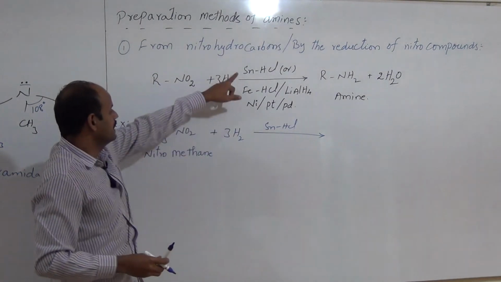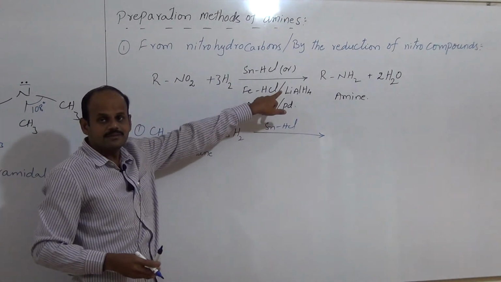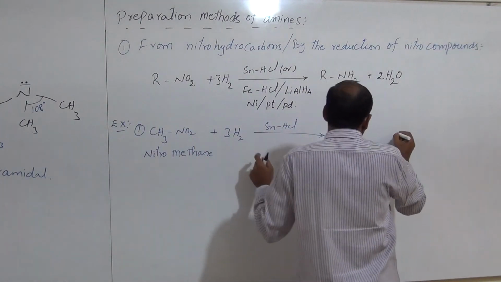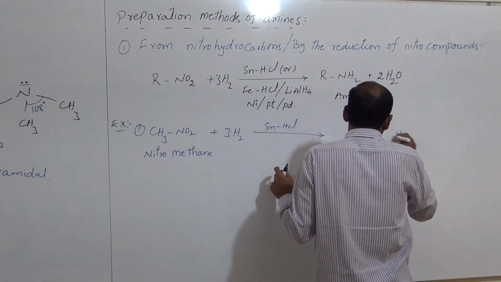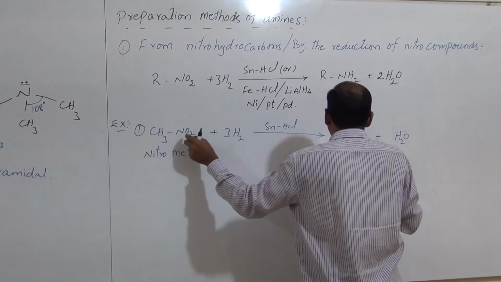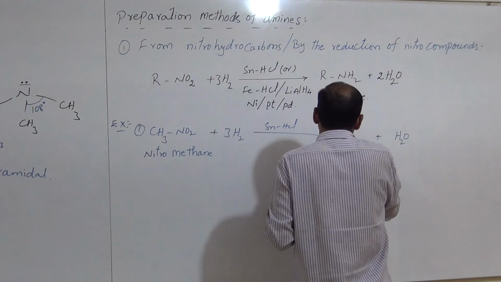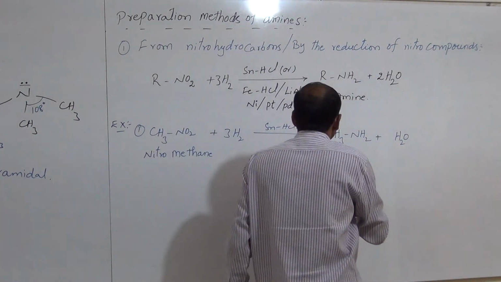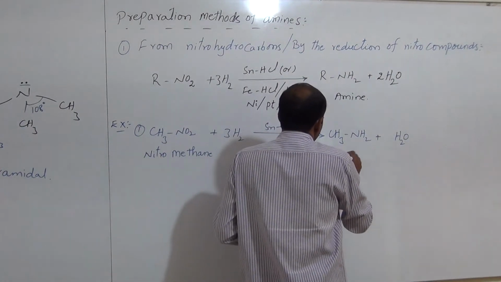You can use any reducing agent. Then the oxygens and hydrogens combine and are removed as H2O, and after removing the oxygens, hydrogens attach to nitrogen. Thus we get CH3NH2. This is methanamine.